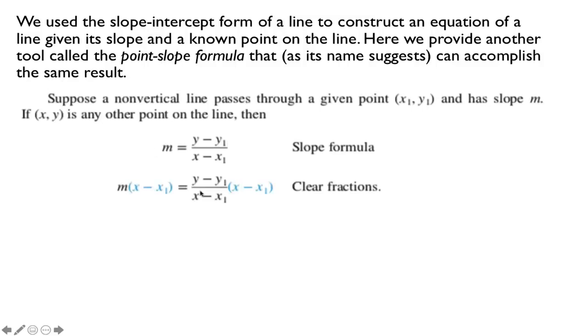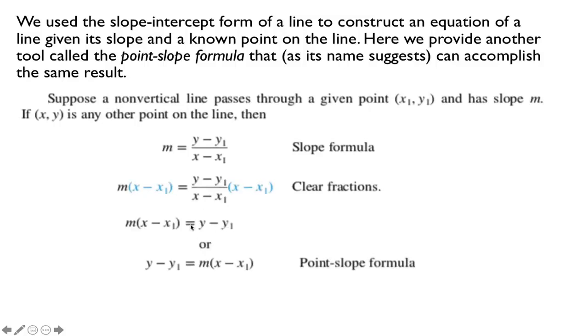And so again, this is the formula we saw earlier for the slope. If I have a point x1, y1 and a slope m, then given any other point x, y on the line, this equation must hold: y minus y1 over x minus x1, changing y over changing x, must be m. Now I can cross multiply, so I get m times x minus x1 is equal to y minus y1, because this will cancel.